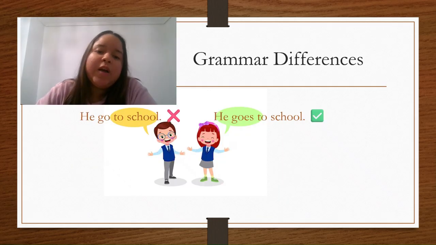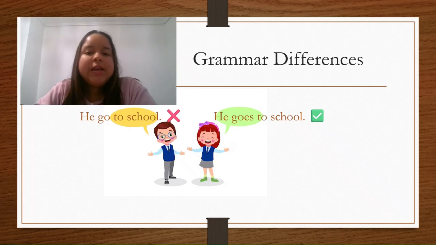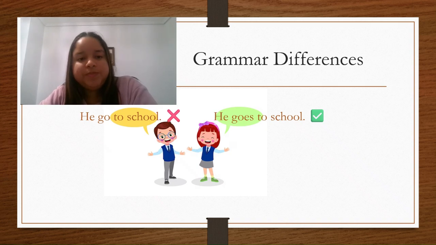Now, let's talk about grammar. In some English dialects, people say "he go to school." They don't use the S with he. In standard English grammar, the correct sentence is "he goes to school."